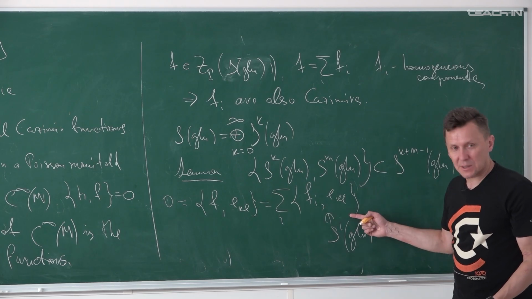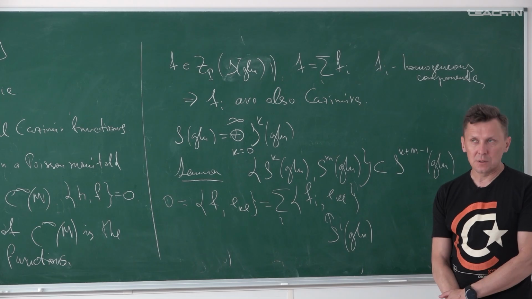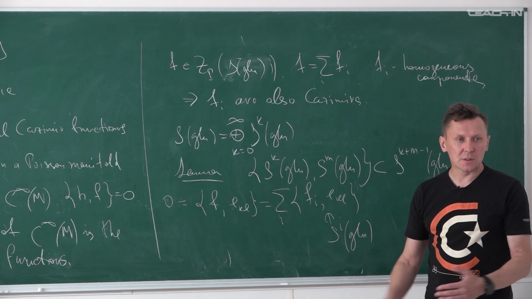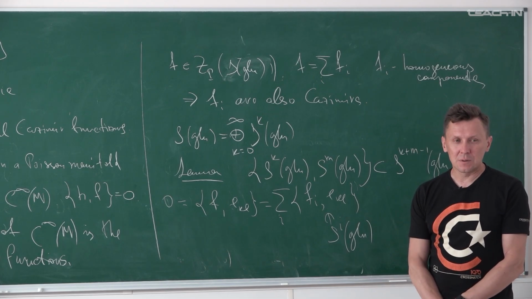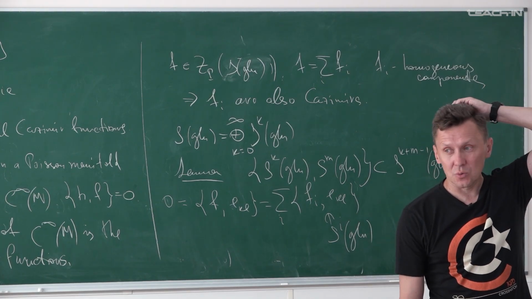So different summands here lie in different homogeneous components. That's why if the sum is 0, then all summands are 0. You understand? Yes.